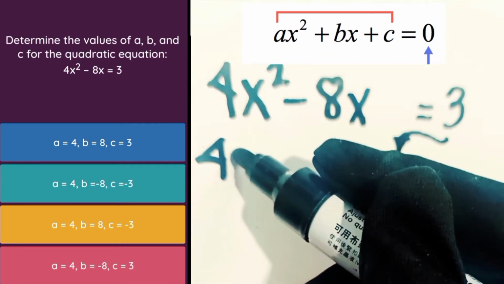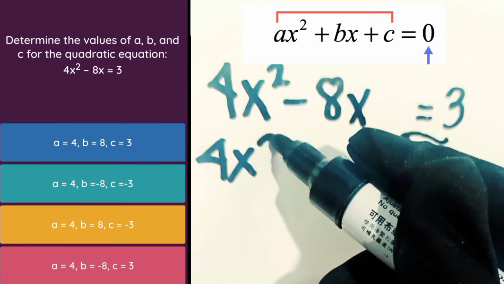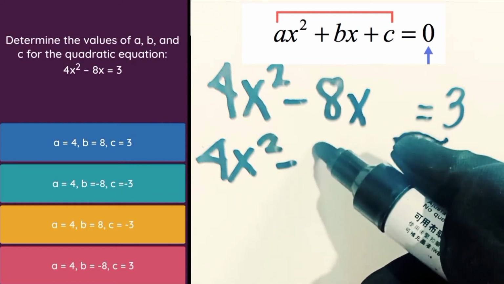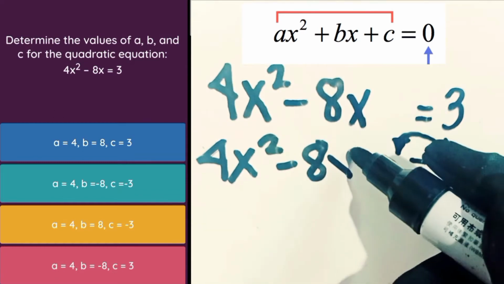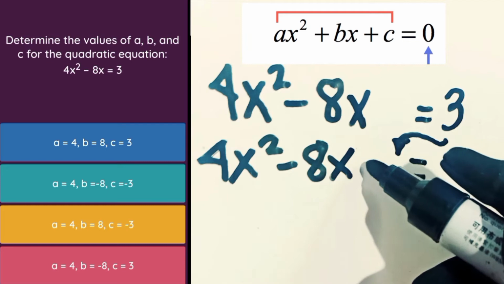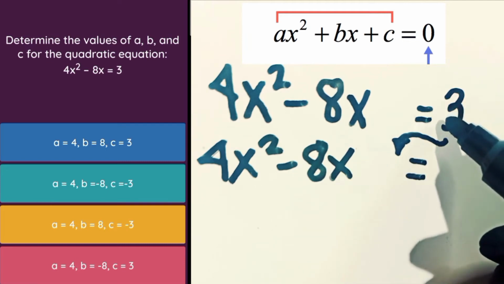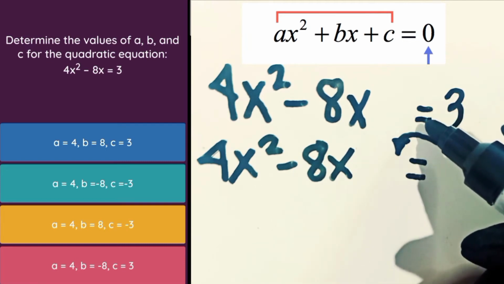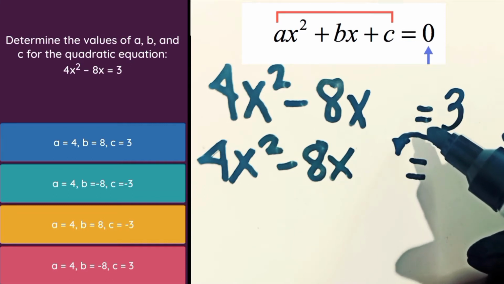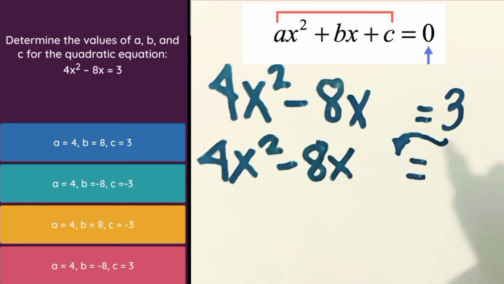4x squared minus 8x. And then this 3 will be transformed and will pass the bridge of the equal sign. Remember that our technique rule here is that when it passes the equal sign, it will be transformed from positive to negative, negative to positive.